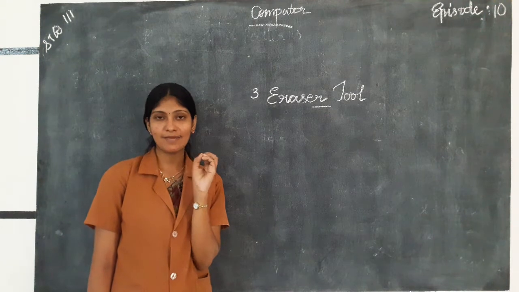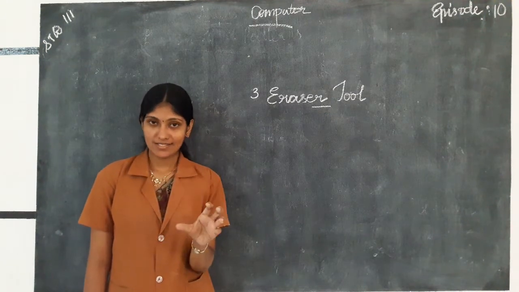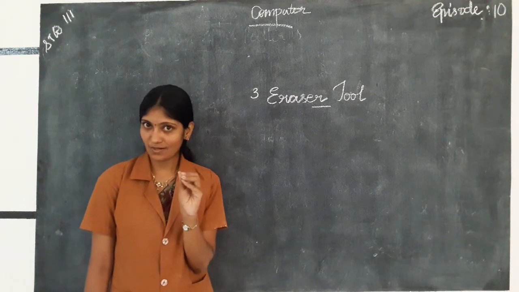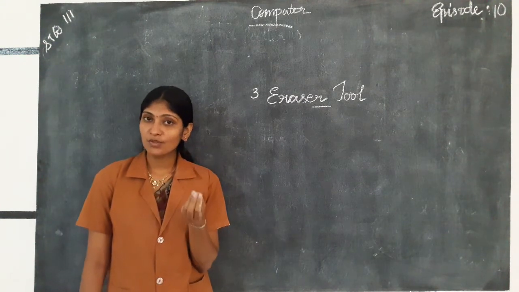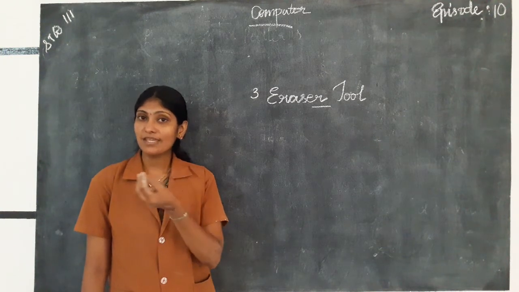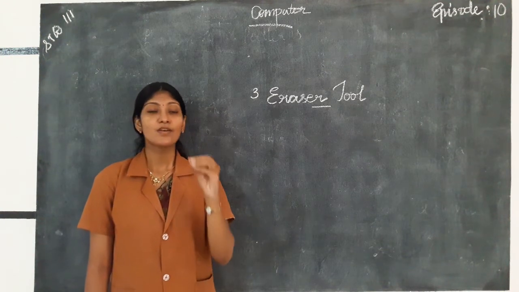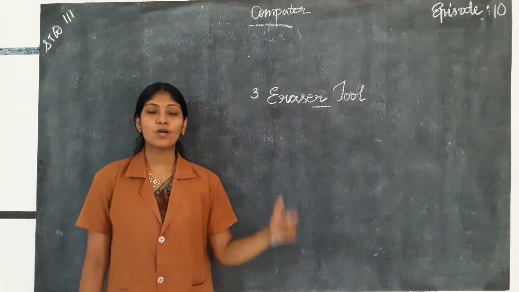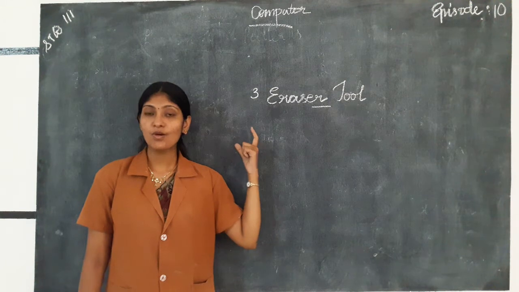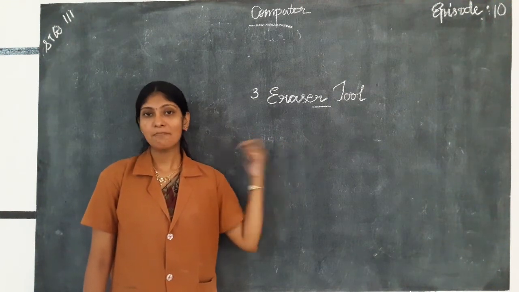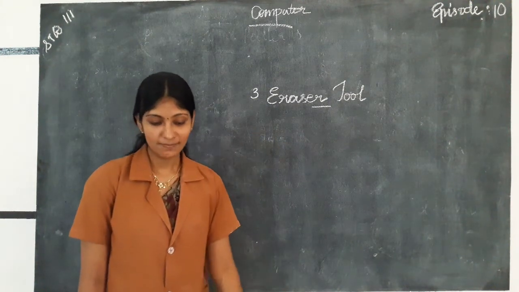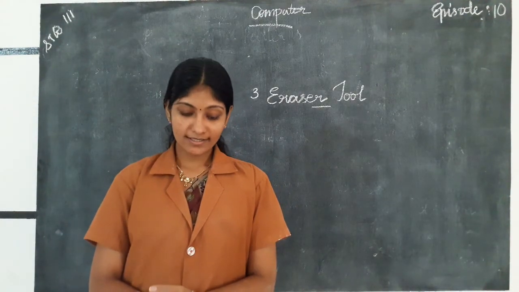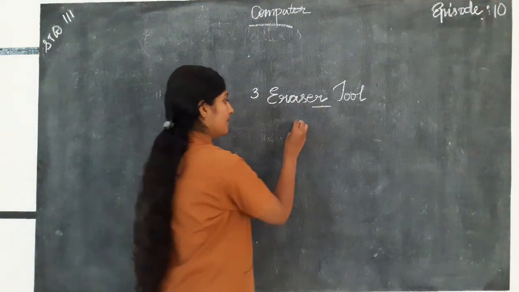Just imagine you drew a picture of a parrot and there are some mistakes on it. You can remove the unwanted parts from the picture of that parrot. Which tool do we use? We can use the eraser tool. So what is the use of an eraser tool? To remove the unwanted parts. Use the eraser tool to erase the unwanted areas of your picture.